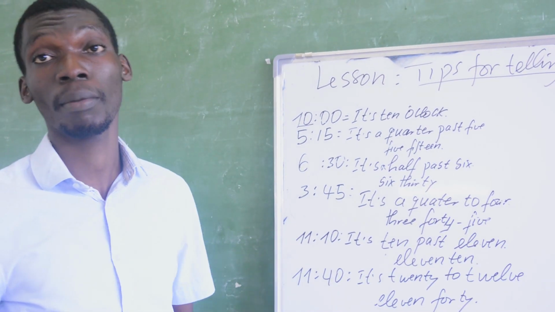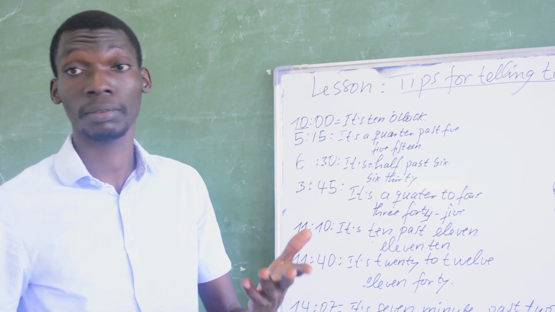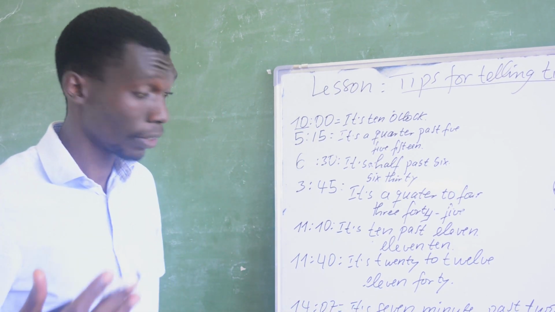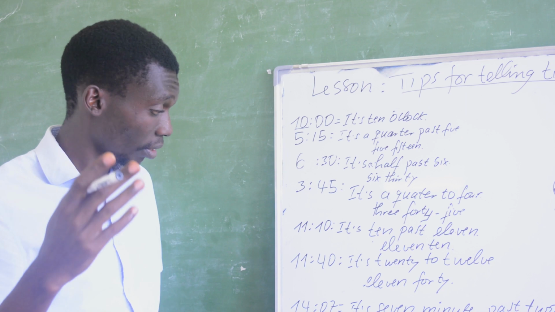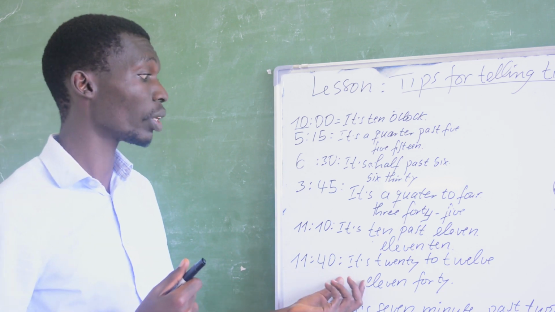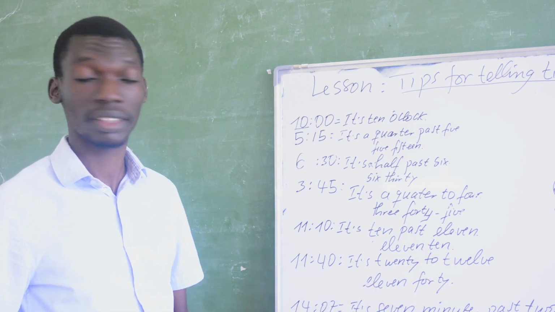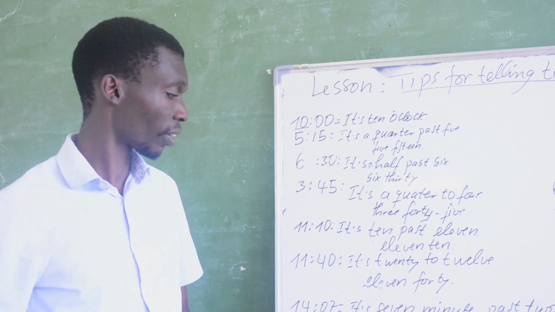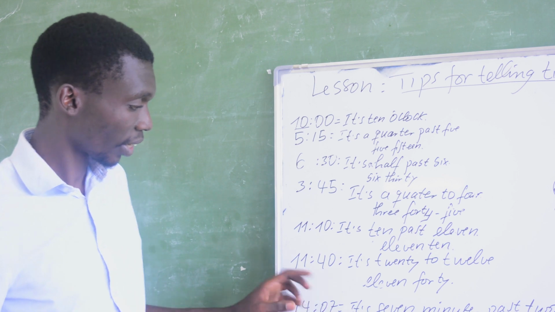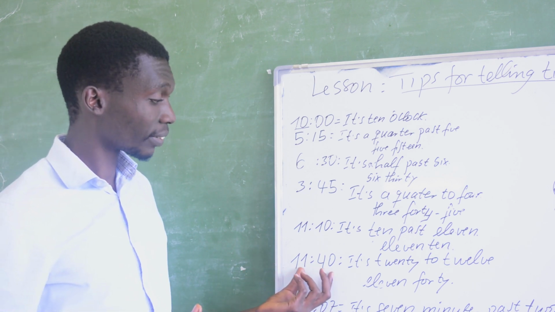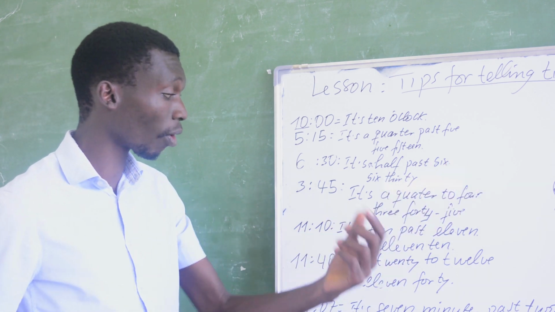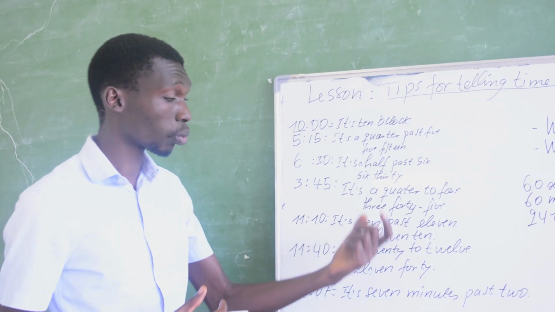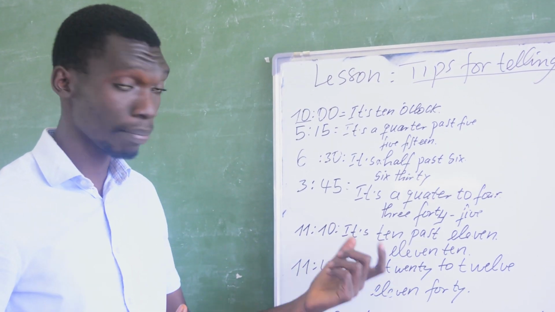It may be closing or opening, it just depends on the event. It's understood. Here I would say, it's 20 to 12. It's 20 to 12. Do you see the difference? Here, to get to 12, we only have 20 minutes left. 20 minutes left.